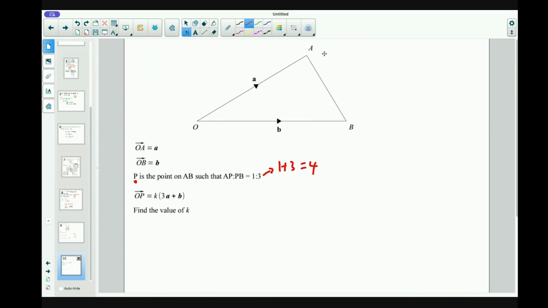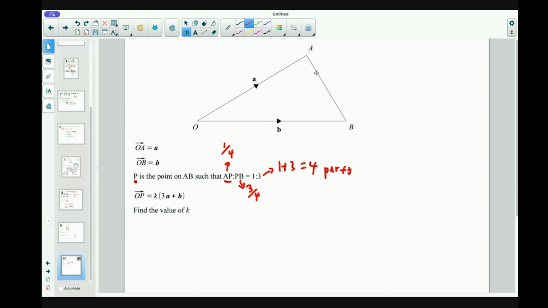So we can split this line A to B up into 4 parts. In this case, A to P is going to be 1/4 of the way through the line, and then P to B is going to be 3/4 of the way of the line.